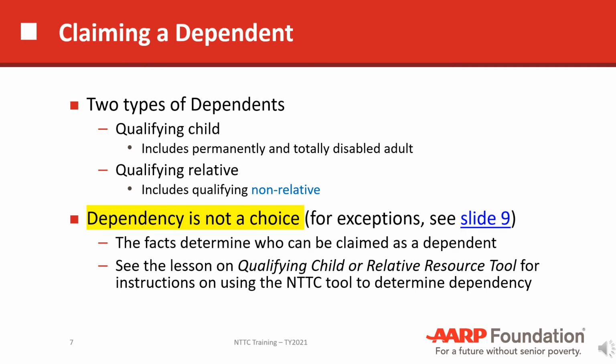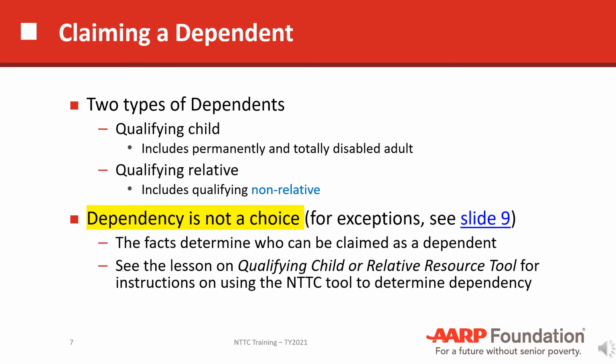On the next bullet, dependency is not a choice. Now, a taxpayer can choose not to put a dependent on their tax return. However, if the dependent qualifies as a dependent, they don't have a choice as to whether they're a dependent or not. So for exceptions, you can see slide 9, which is coming up soon.